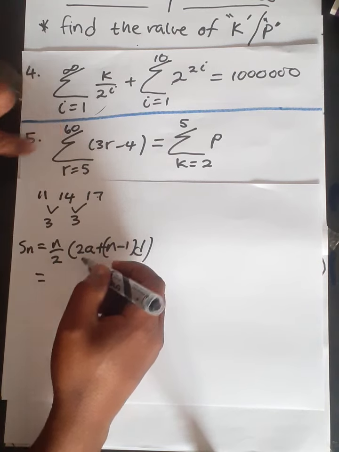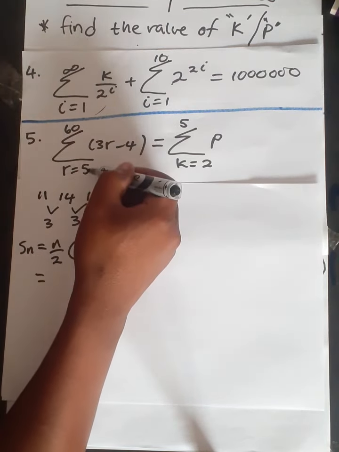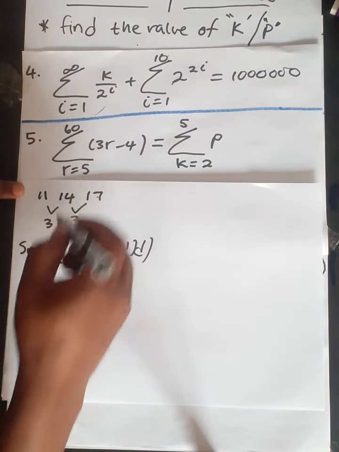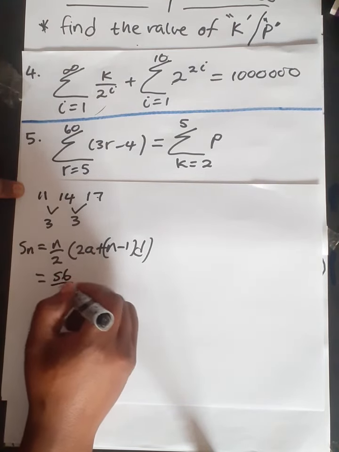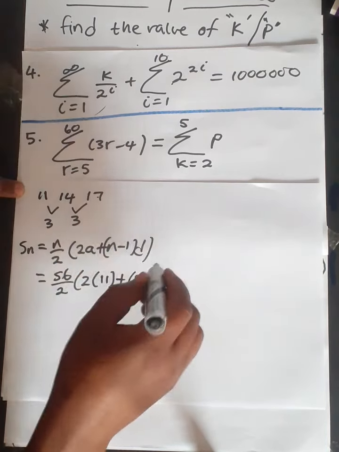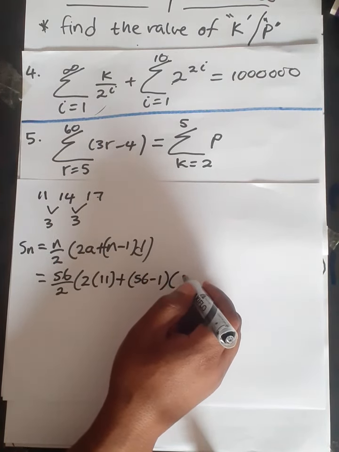U-n we said it's top minus bottom plus 1. 60 minus 5 is 55 plus 1 is 56. La kuzoba 56 over 2. So 2. U-a, it's our first term, which is 11 plus u-n, it's 56. Yabo, then it differentiate lapha ubani u3. Then sobuya la sizoshaya calculator sithole i-answer, right?